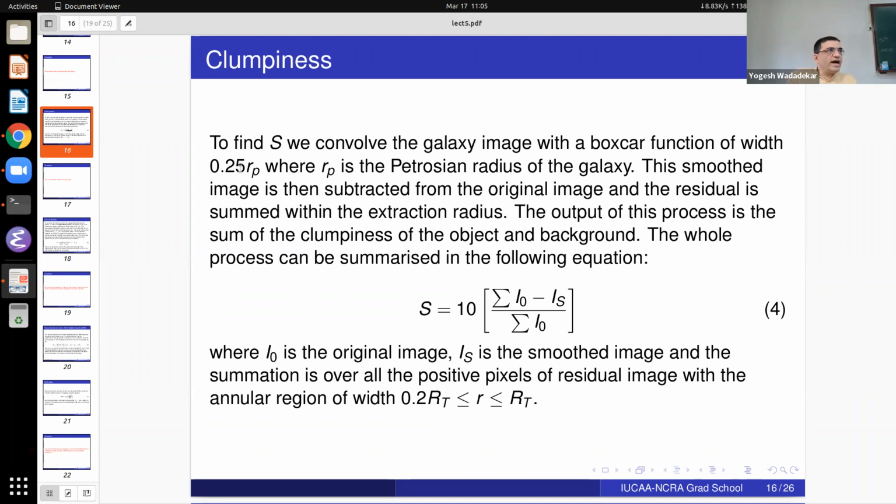You could do something else, for example, take a Fourier transform and see where the peaks are in the power spectrum. That will give you the angular scales on which things are clumped all at one go. But here the purpose is not to find the scale of the clumpiness, but only to quantify how much clumpiness there is.